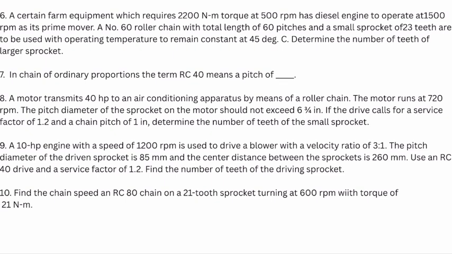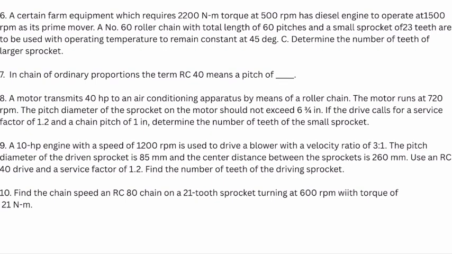The motor runs at 720 rpm. The pitch diameter of the sprocket on the motor should not exceed 6 3/4 inches. If the drive calls for a service factor of 1.2 and the chain pitch of 1 inch, determine the number of teeth of the small sprocket.